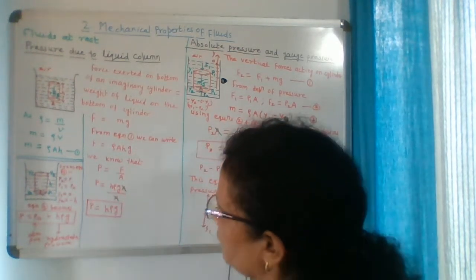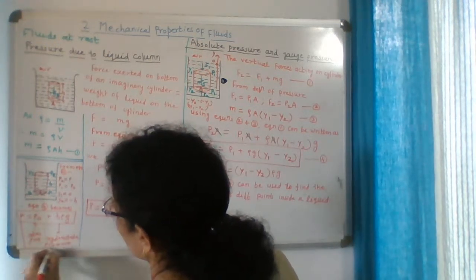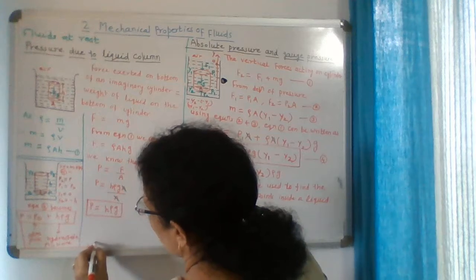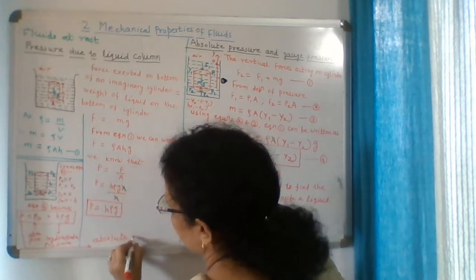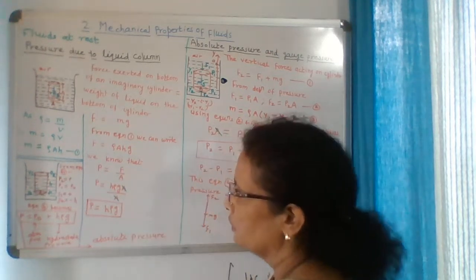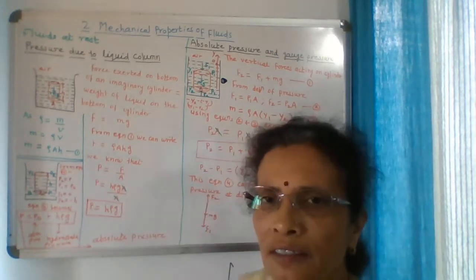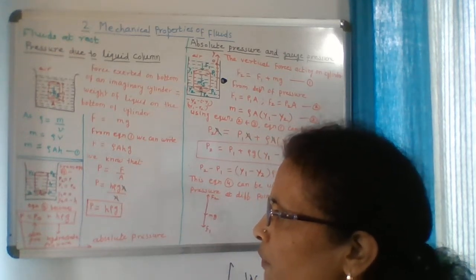So this entire quantity P is called the absolute pressure. The absolute pressure is the combination of atmospheric pressure plus hydrostatic pressure.